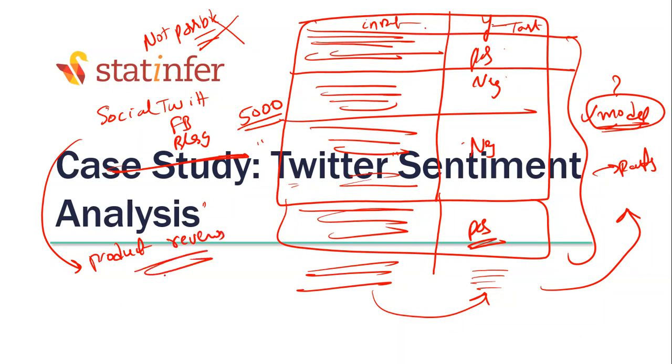Or your company may be providing a service to some clients, and the clients will give you service-based reviews. If you can understand social media, product reviews, and service reviews, then almost the complete text mining and sentiment analysis is complete.